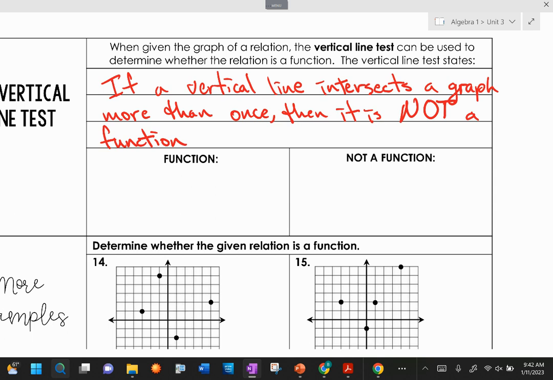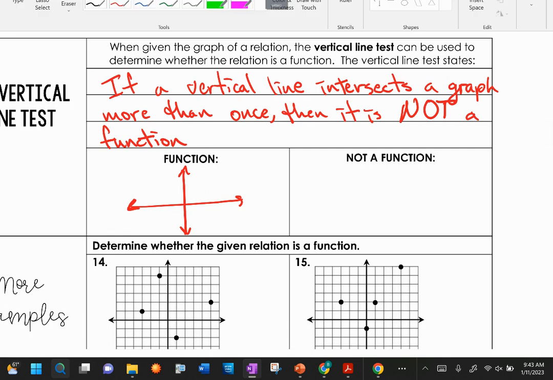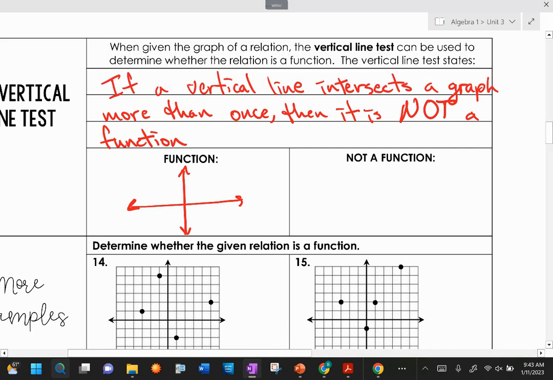Okay, a vertical line. Vertical is going which direction? Technically up and down. We don't want to say up. Okay, but yes, up and down. So if this is the graph, and then we'll say this is the line on the graph.